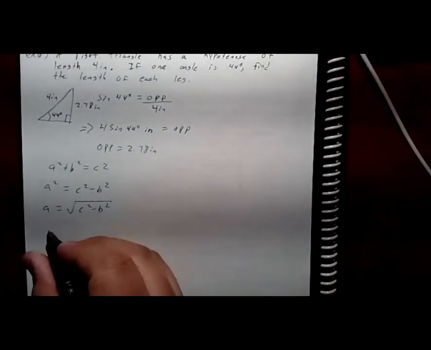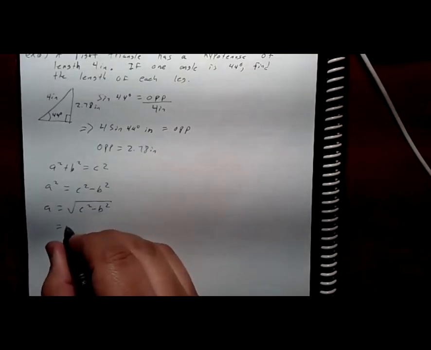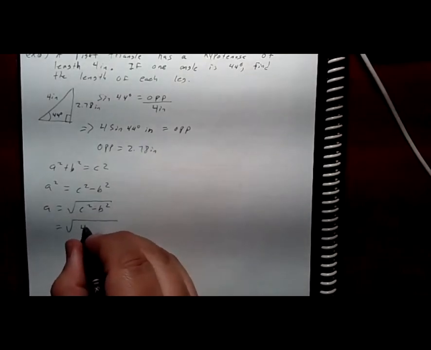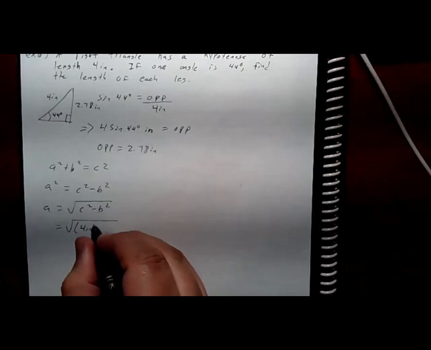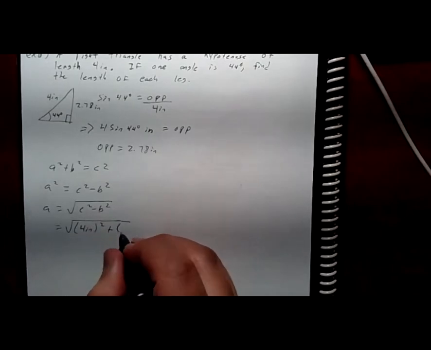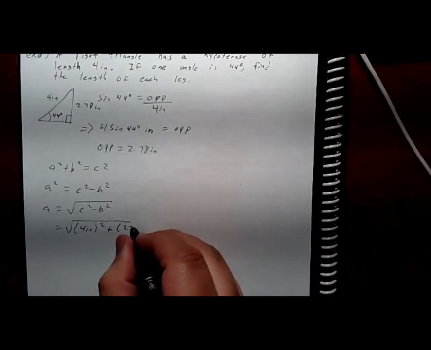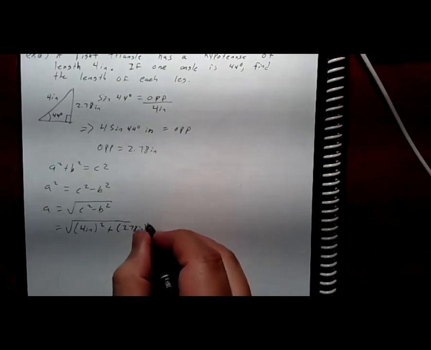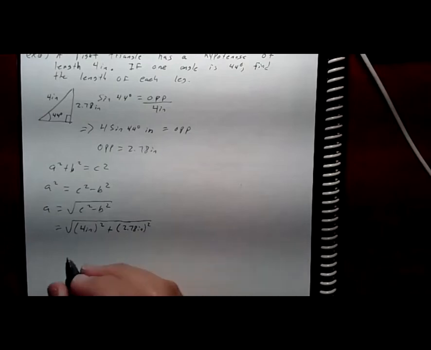Now plug in the numbers, that would be the square root of 4 squared inches plus 2.78 squared inches.